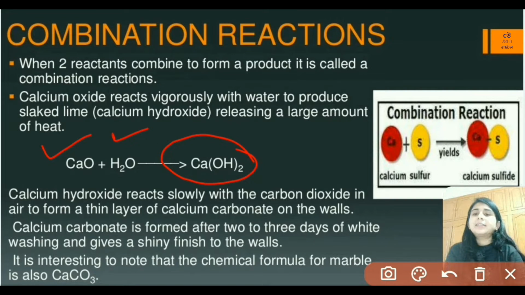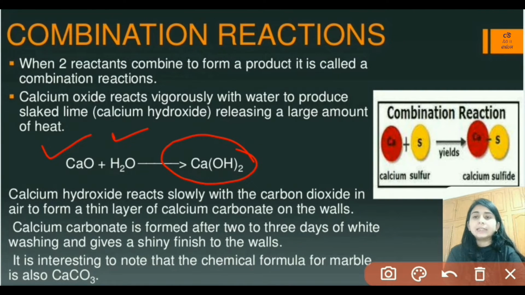So the next statement says calcium hydroxide reacts slowly with carbon dioxide in air to form a very thin layer of calcium carbonate on the walls. Again, they are giving one very good example of a combination reaction.